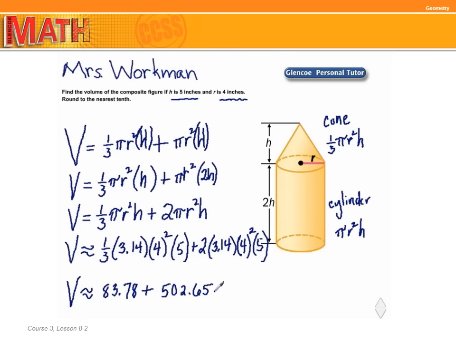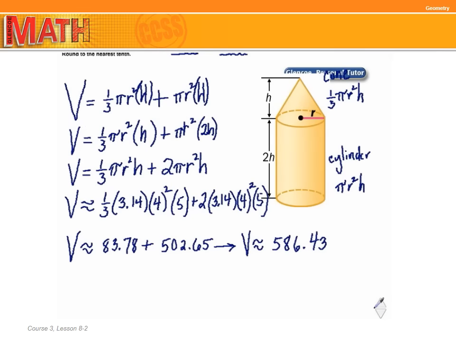And adding those, we get that the volume of the composite figure is approximately 586.43. And I'm remembering we were asked to round to the nearest tenth. We'll use our rounding off rules to get that the volume of the composite figure is approximately 586.4.